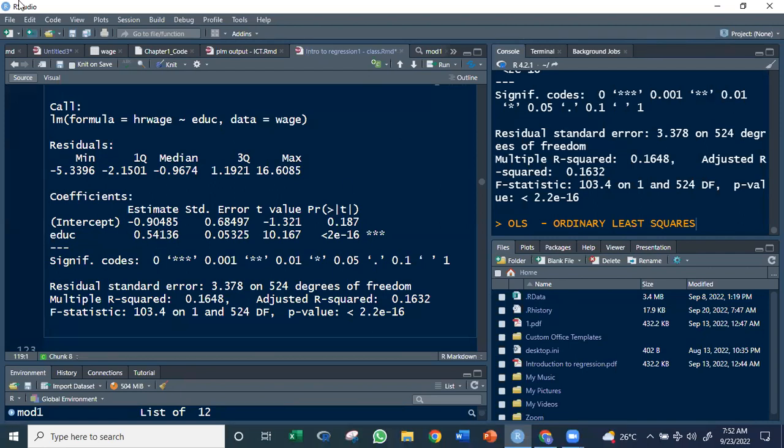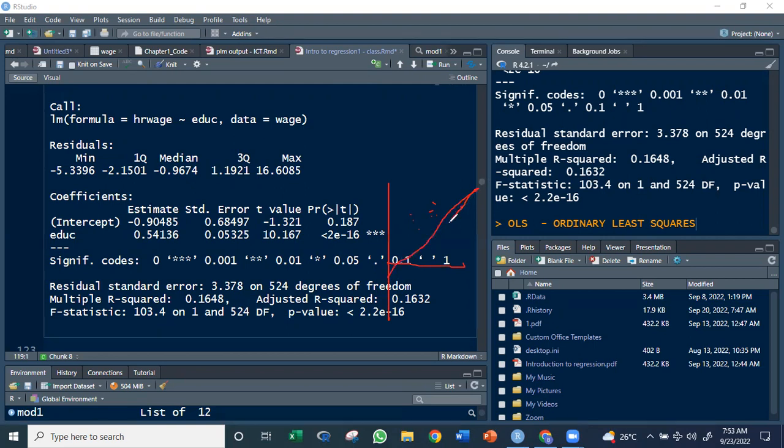Okay, so let me draw that just to make sure that we understand this. If we draw the model, since the intercept is negative 0.9, it's about here.